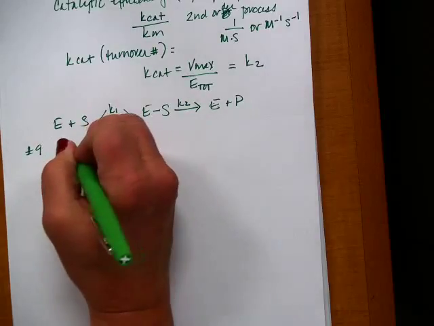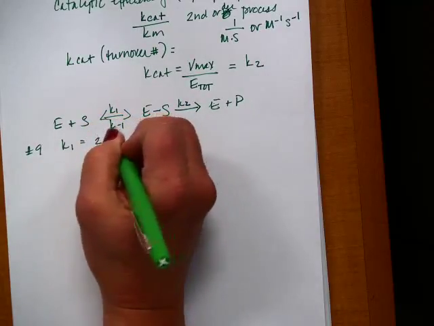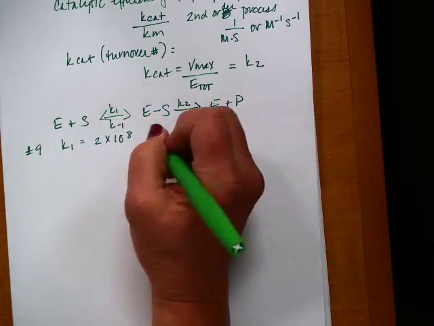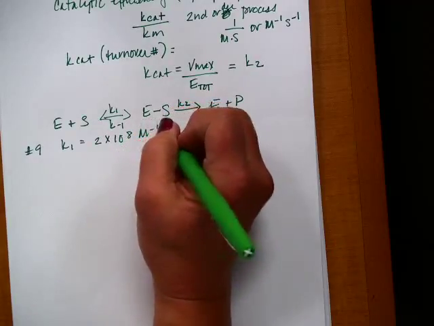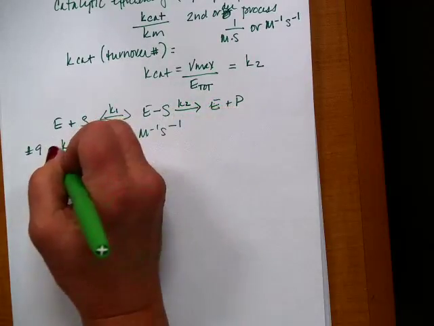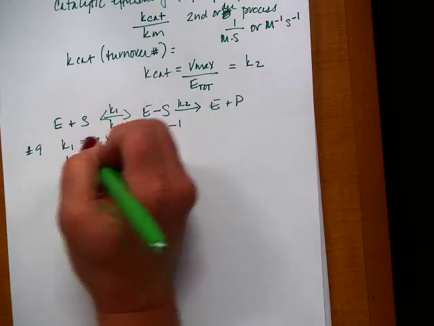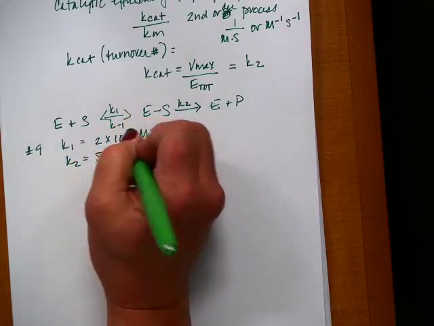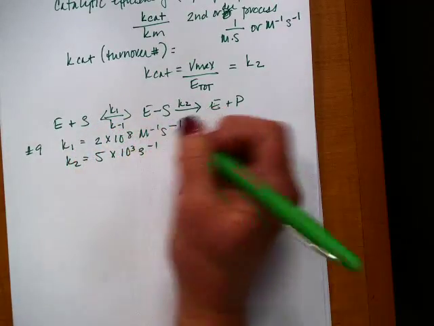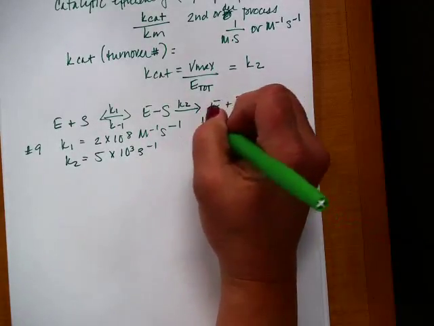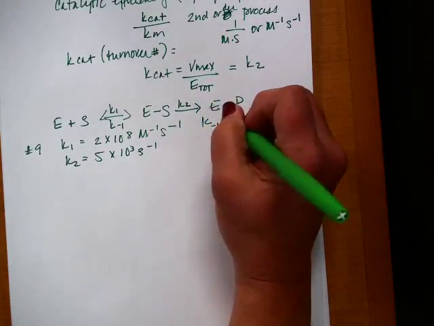Number 9, we're given a k1 equals 2 times 10 to the 8th, and this is M-1 s-1. We're given a k2 of 5 times 10 to the 3rd, s-1, and the k reverse.